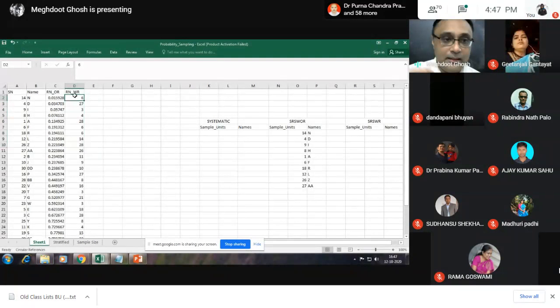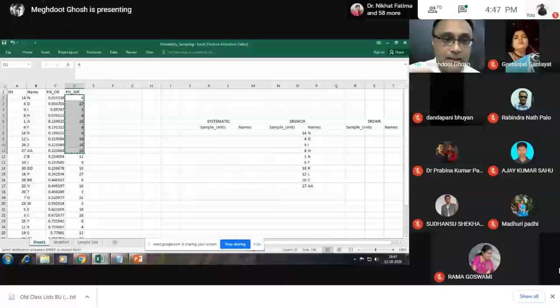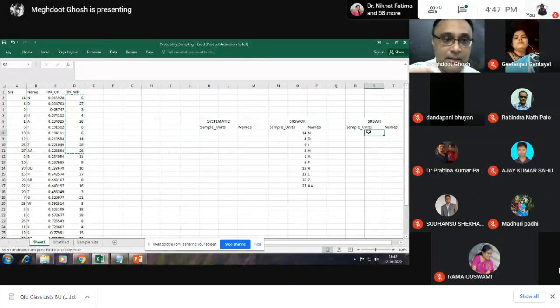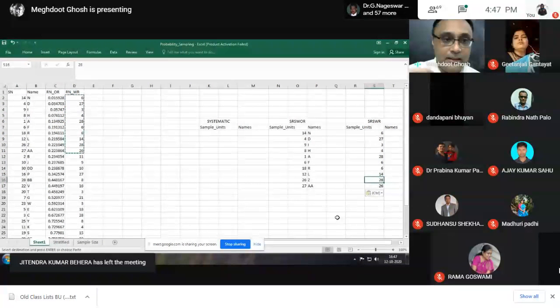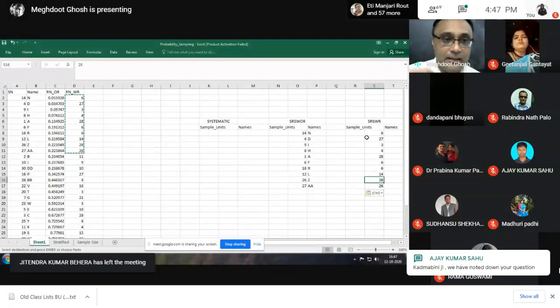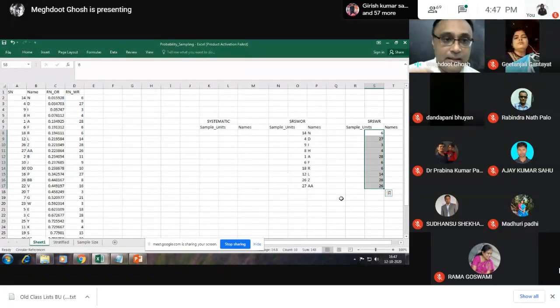So let us select it. Okay, so you take this and put it. Now I see 28 and 20, there is one repetition, 28 is coming twice. Now let us see how again I am going to write the name.